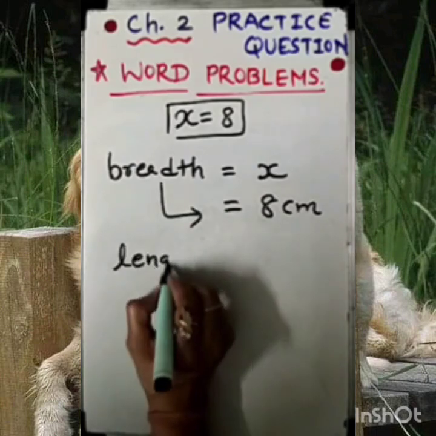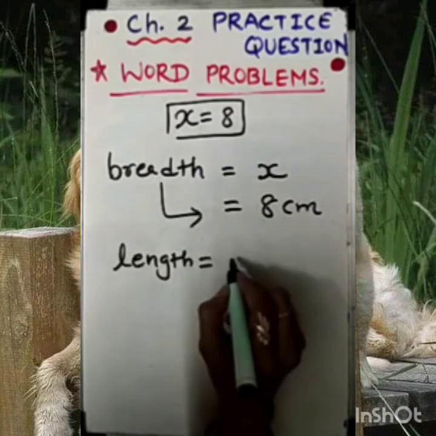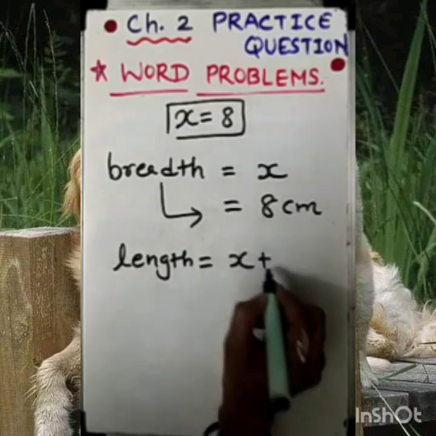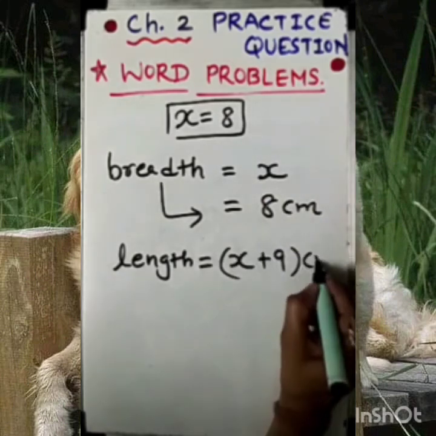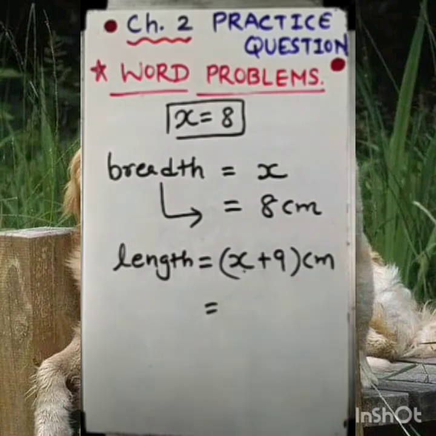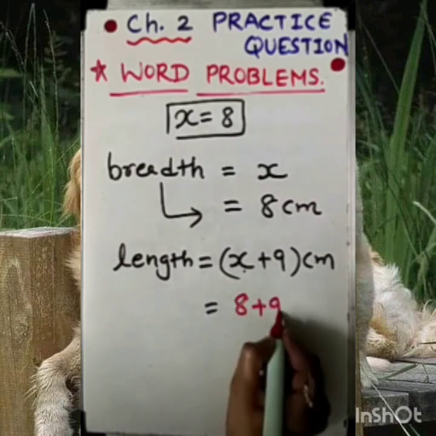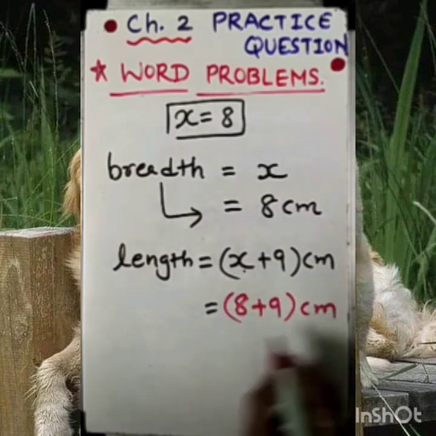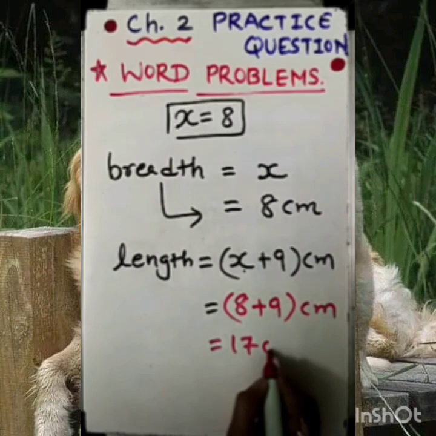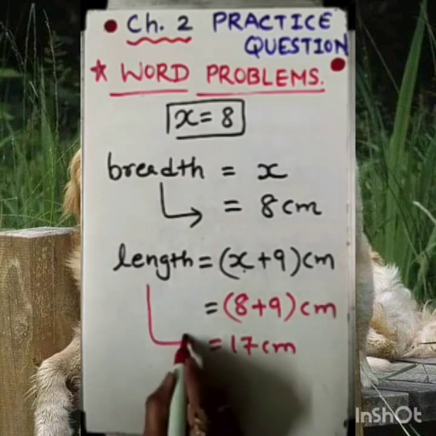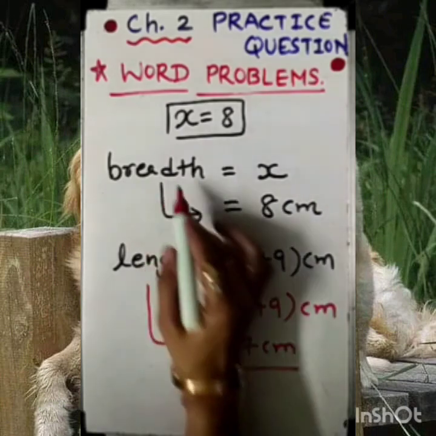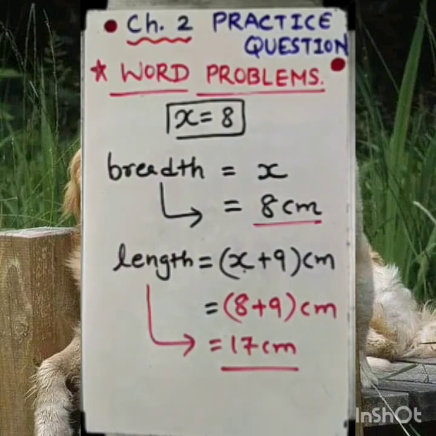What about length? Length is x plus 9 centimeter. Substituting x equal to 8, 8 plus 9 is 17 centimeters. So length is 17 centimeter and breadth is 8 centimeter for the given rectangle.